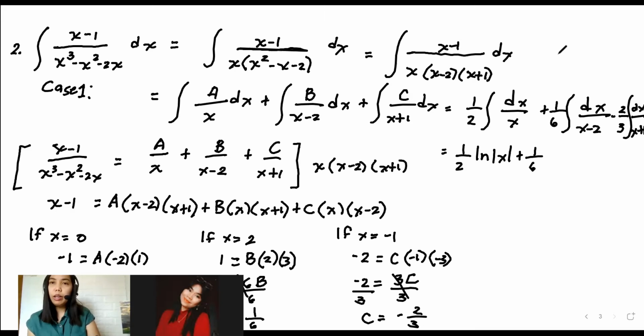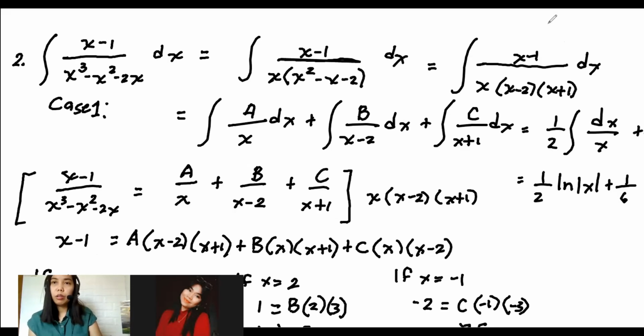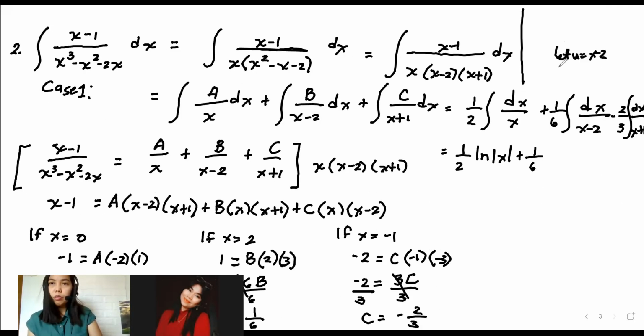Here we can let u be equal to x minus 2, and the derivative of u is equal to dx.